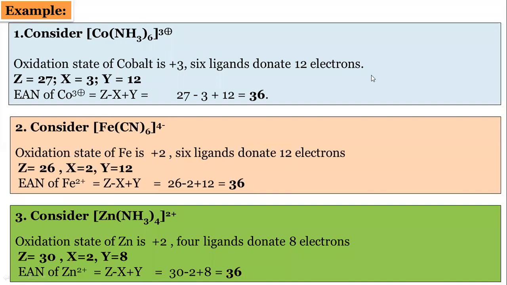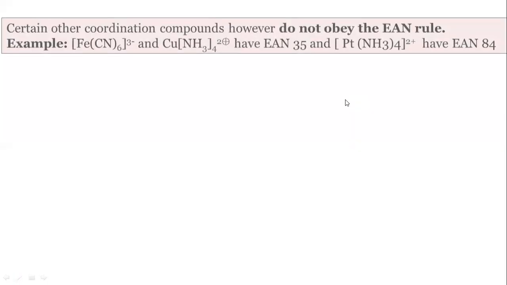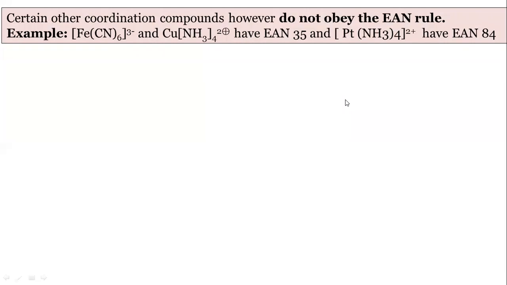Now we will see there are some complexes which do not obey the effective atomic number rule. Which are these complexes we will discuss. See these complexes: Fe(CN)6 3-, then Cu(NH3)4 2+. These have an effective atomic number of 35, which is not equal to the inert gas.